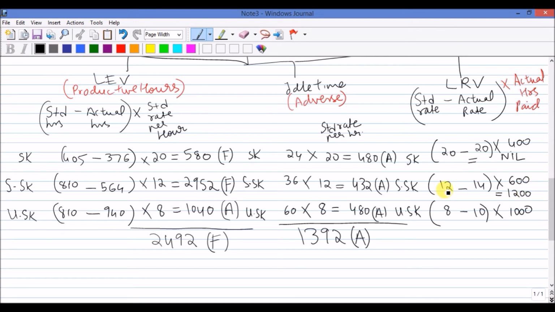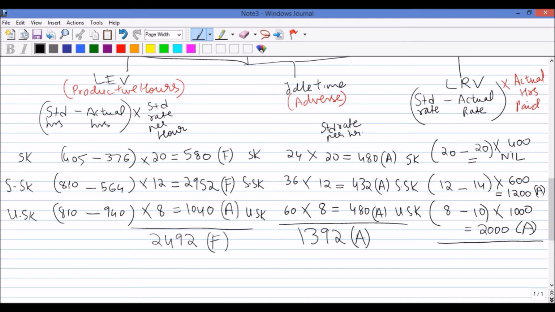I should have paid the worker 12 rupees an hour, but I am paying 14 rupees an hour. It means I am paying extra. So this is adverse. Here 2 into 1000 is 2000. Here also, instead of paying 8, I'm paying 10 rupees per hour. It means I'm paying 2 rupees extra. So again this is adverse.